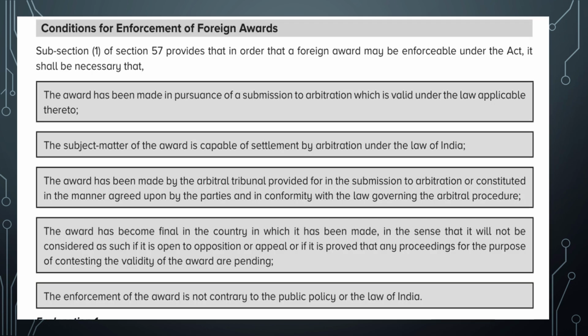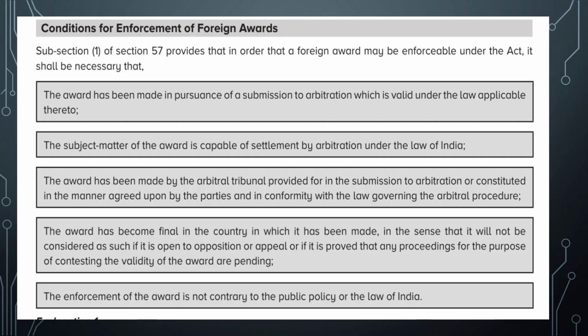Moving on to the last question, elaborate briefly the conditions for enforcement of foreign awards as per section 57. So what are the key things you should remember in this, we'll go from the bottom so that it'll be easy for you. First, second point, the subject matter of the award is capable of settlement. That is, it should be capable of getting closed.